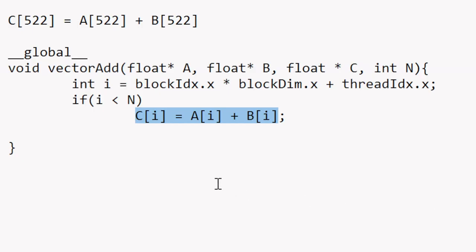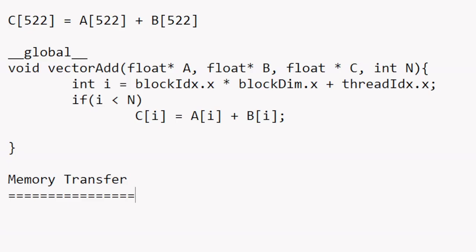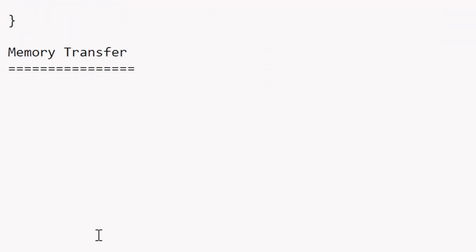Now, the next thing to talk about is memory transfer. Let's discuss how data moves between CPU and GPU. So to copy the data from CPU to GPU, we use a function like this.